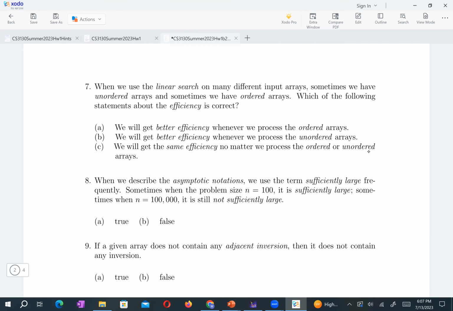Number 7, the correct answer is C. Let me explain why. It's simple, but we need to understand why. When we use linear search on many different input arrays, here we already assume our algorithm is linear search.